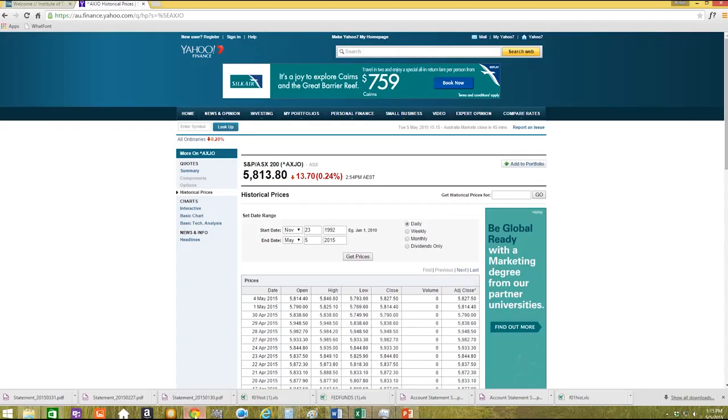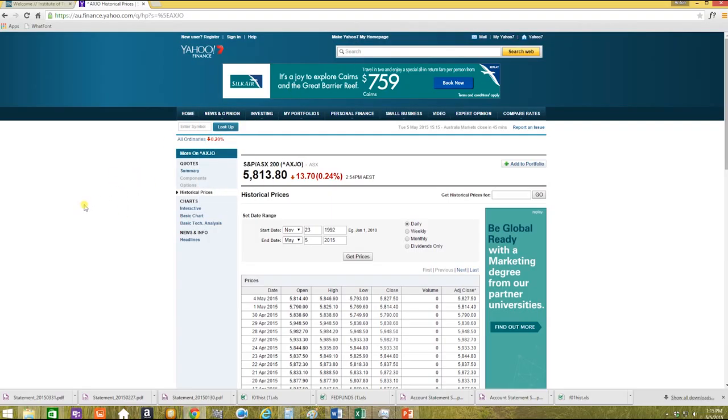If you just go into Yahoo Finance, you'll be able to navigate through the symbol field area, through the lookup area, and you'll be able to find the S&P ASX 200 by typing in this code. If you want to get different codes, you can do a search up here for different stock exchanges.